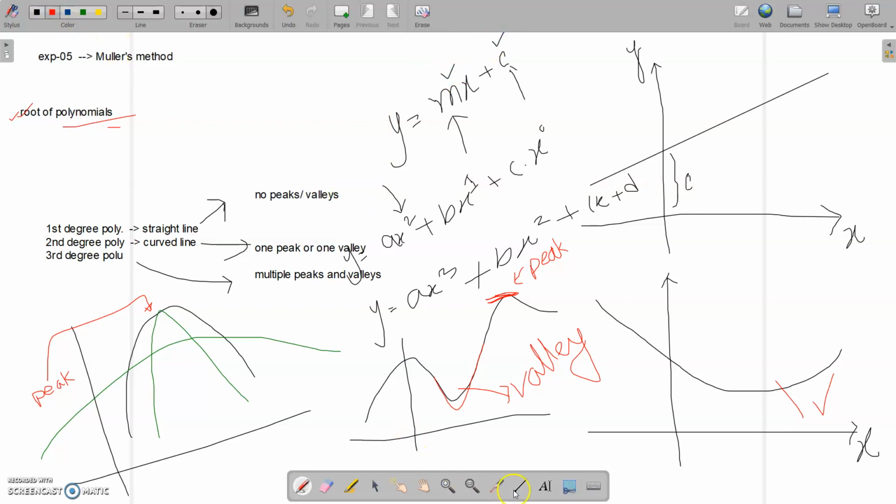If I draw a different straight line like this, obviously this one and this one have two different m and two different c. Similarly, if you change the values of a, b and c, the shape will change. These coefficients, or parameters, represent the shape of the curve.